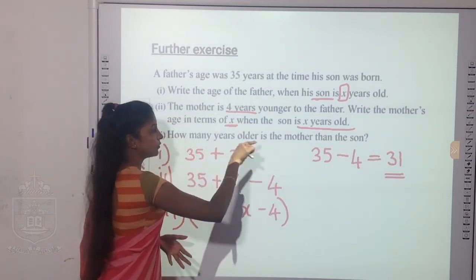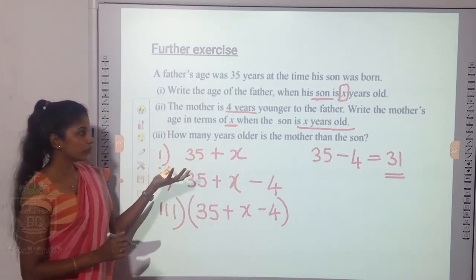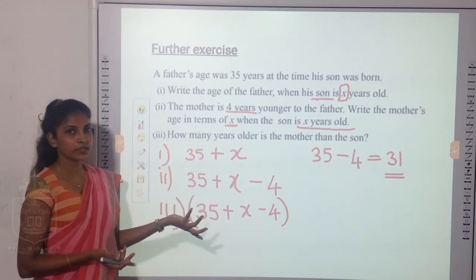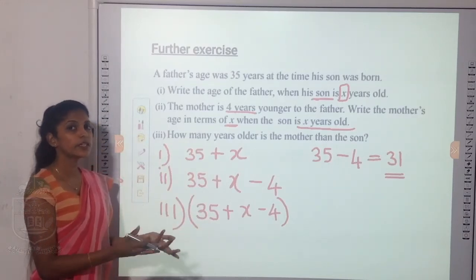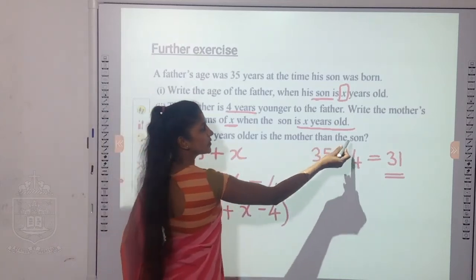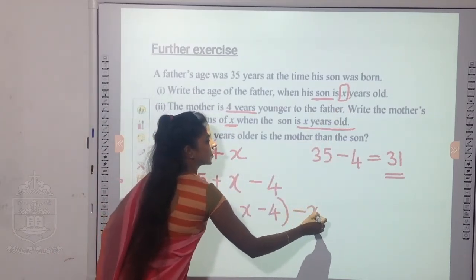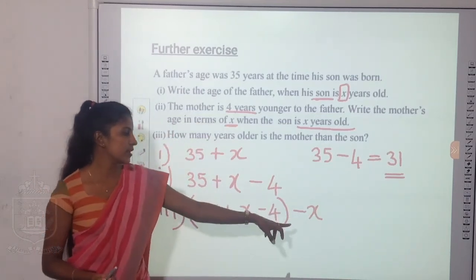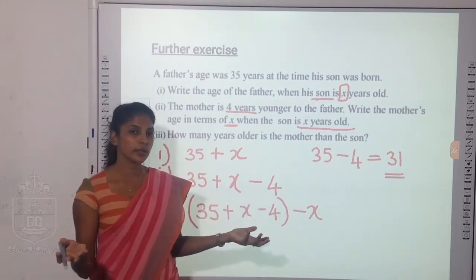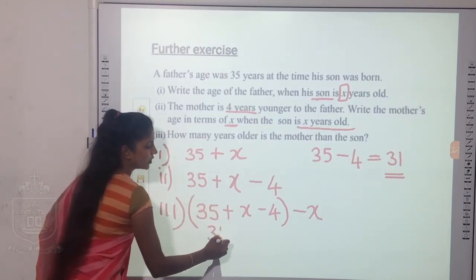And now you are going to find how old is mother than the son. So what you have to do, you have to subtract the age of son. In order to find the age gap, you have to subtract the age of son. So what is the age of son? That is X. You can subtract X. So you can see X and X will cancel because we are going to subtract the age of son. So 35 minus 4 will give you 31.